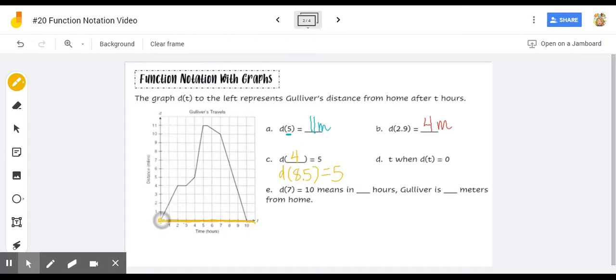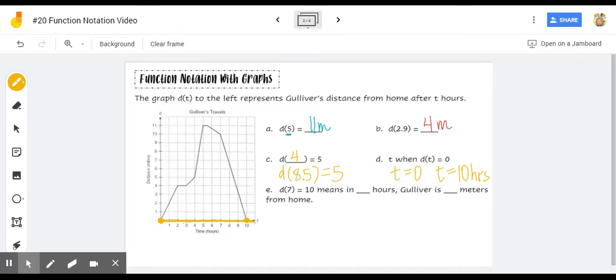Well, when he initially starts, at 0, so when time is equal to 0, his distance would be nothing since he never left the house, but he also returns back to the house within 10 hours. So at 0 hours, and about 10 hours, he would have no more distance away from home.